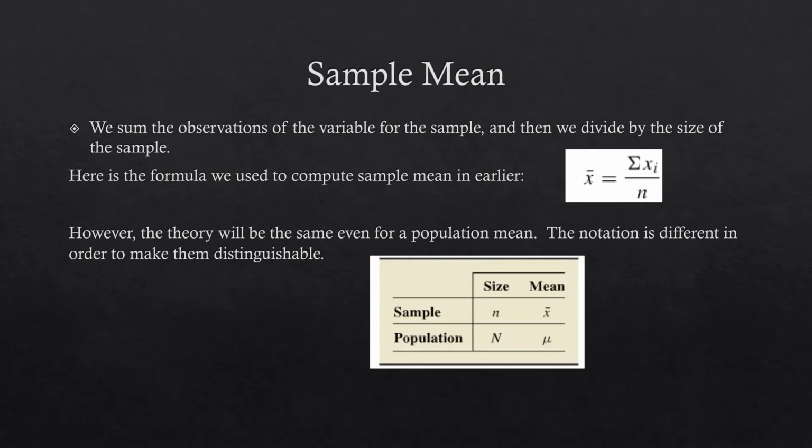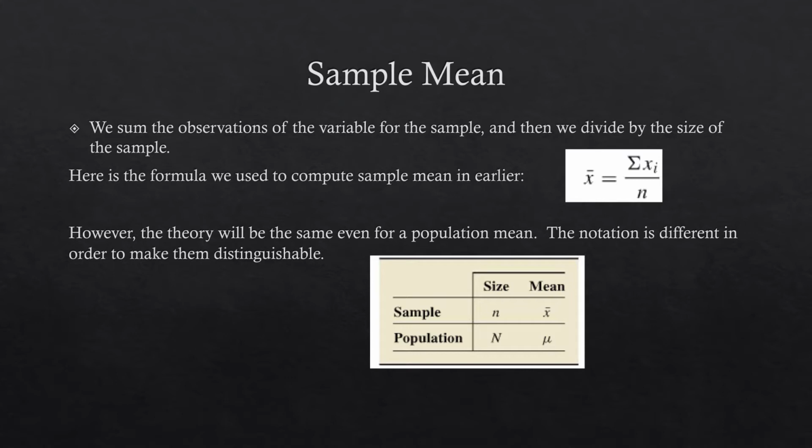If you look, this was our definition of the sample mean, and we talked about the formula being x bar equals the sum of x sub i over n, the sum of all the x values divided by the size of the set of data. That's what our sample mean was. But today we're going to talk about population mean.